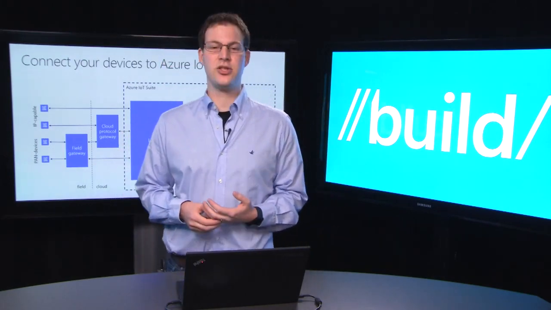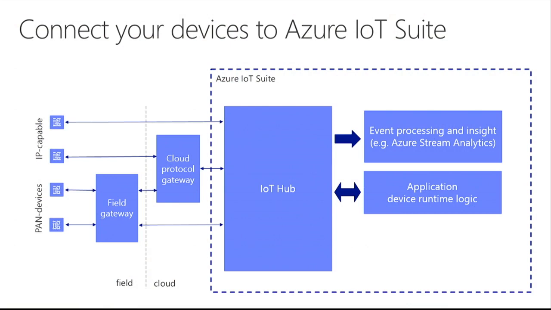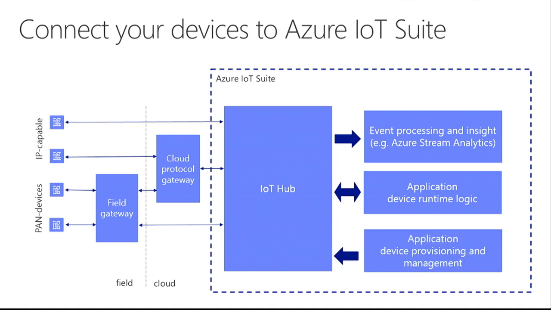Your application runtime logic might want to send commands and receive requests from devices, and that can also use the IoT Hub to mediate these commands and these request-reply patterns. Finally, you're going to have in your backend a device provisioning and management component that will make sure that all the devices you have in the field are correctly configured and work as expected.